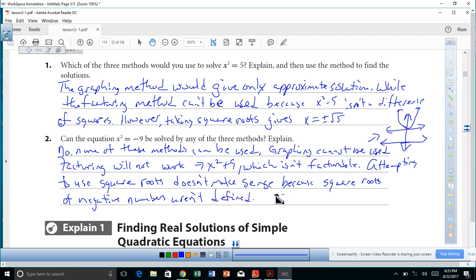Okay. That would be x squared equals negative 9, and take the square root of both sides, and that gives you x equals plus or minus the square root of negative 9. And that's not been defined yet.